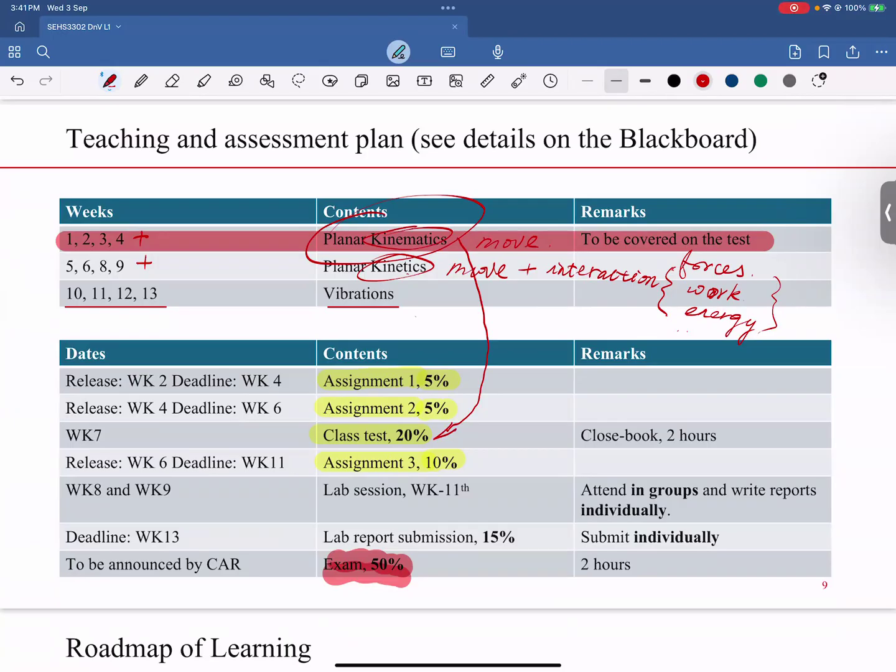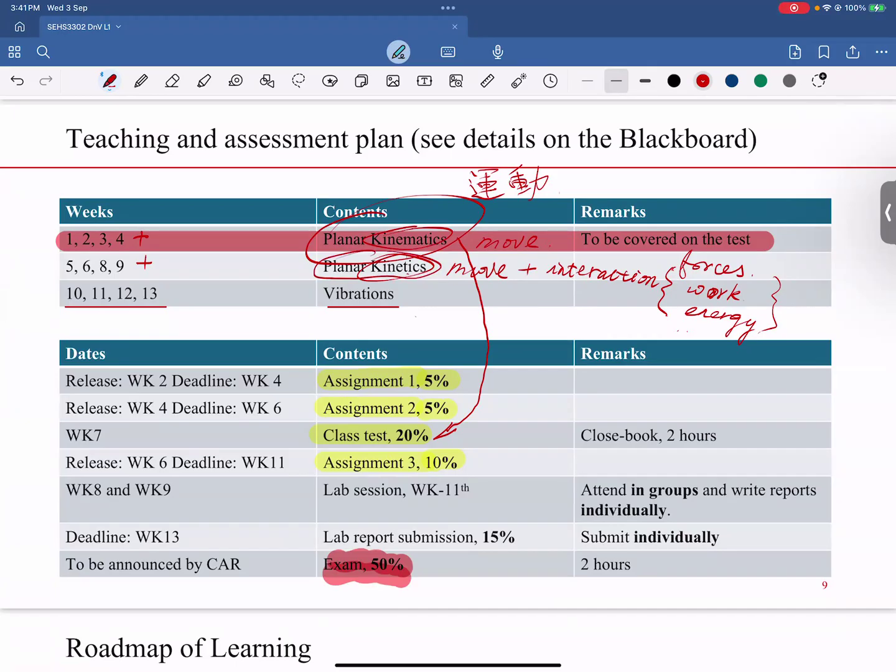Okay, planar kinematics. 运动学部分啊。So not about kinetics.